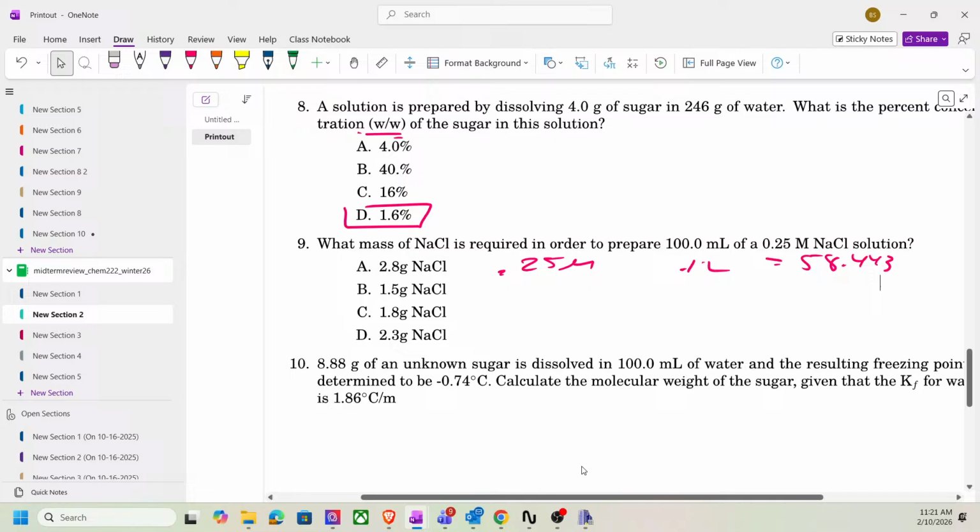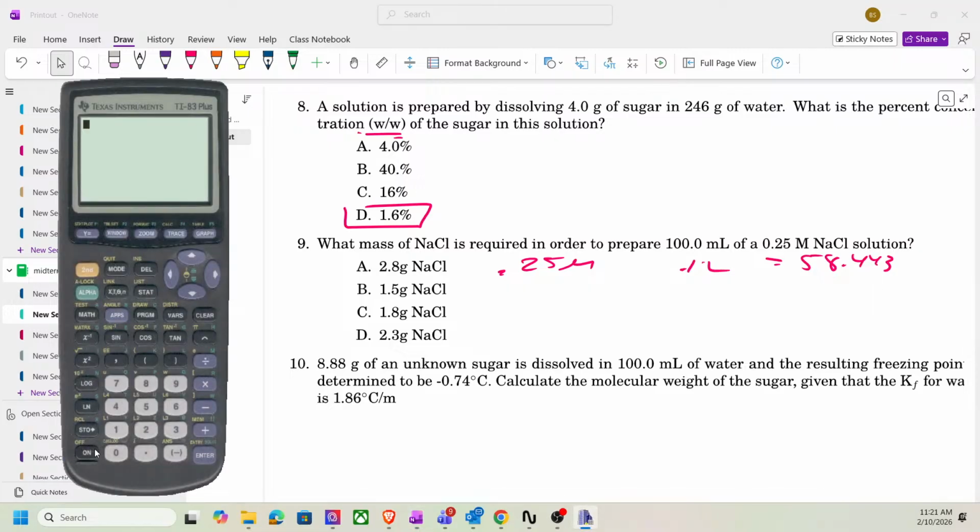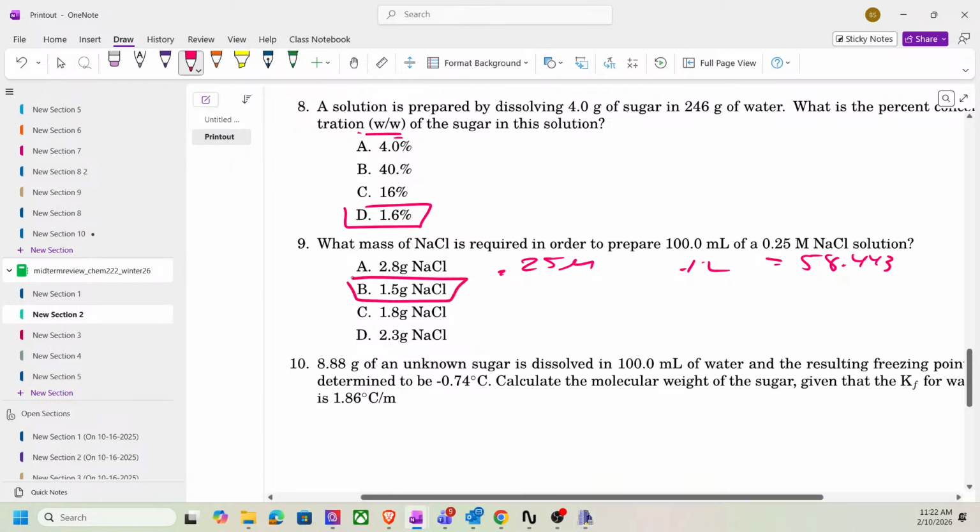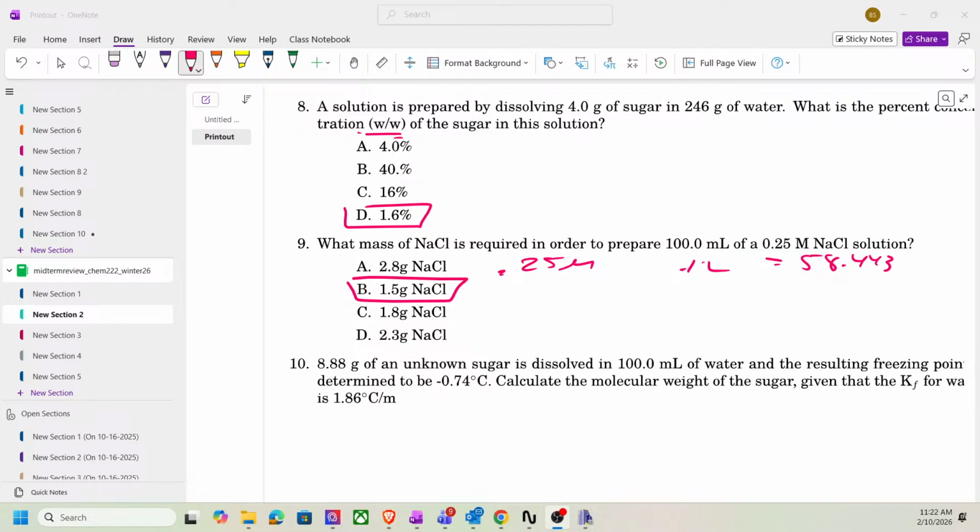So yeah, I was off. I don't know what I was thinking. So trying that again: 0.25 times our liters, now multiplied by the correct molecular weight, 58.443. And so yes, that does give you B, now that I have the correct molecular weight. Does that make sense for that one?